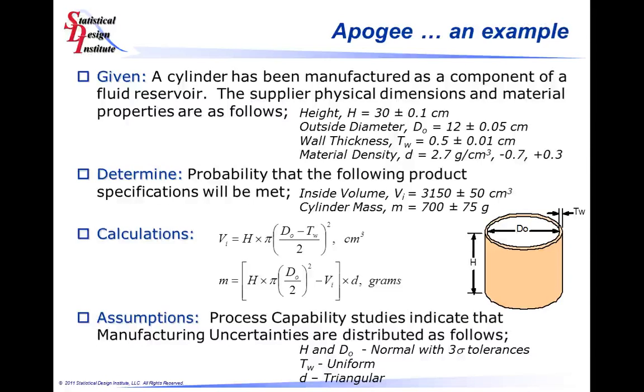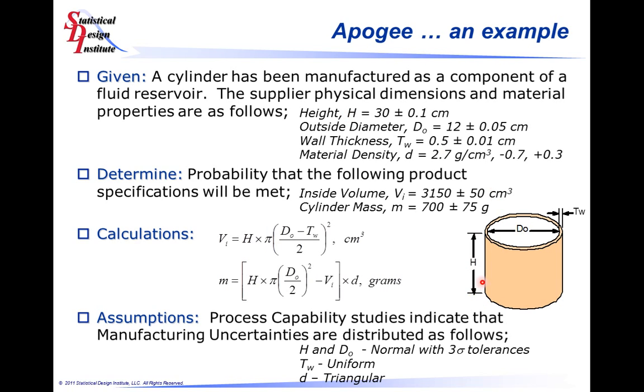And we need to do some assessments of the quality of the results. Can we meet the desired specifications if we build it the way that the design team has specified? So the final design has a cylinder height of 30 centimeters with an assigned tolerance.